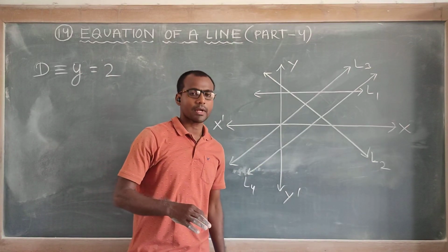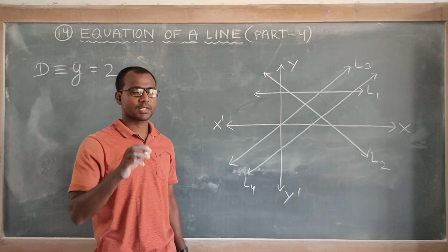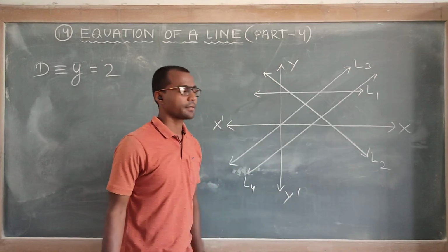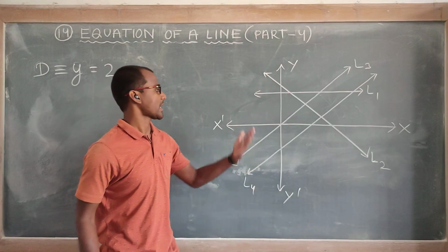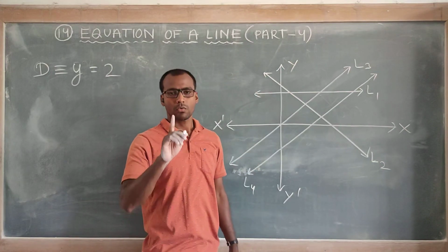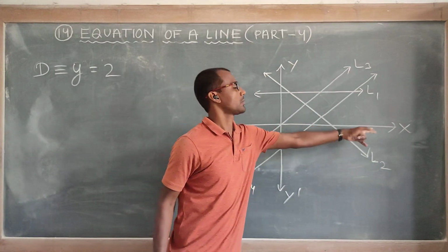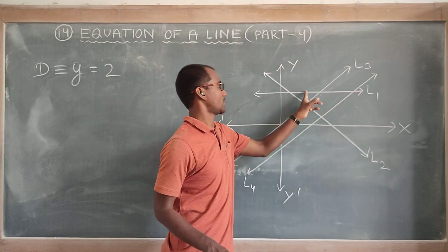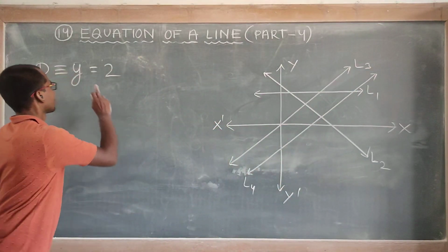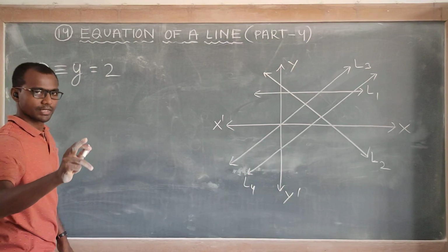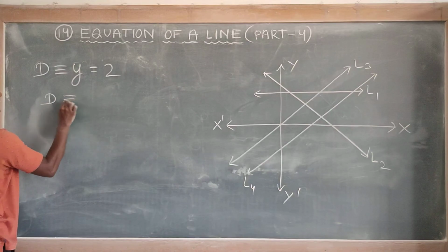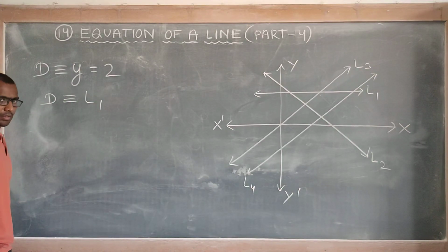In class 9 also I had told, in class 10 reflection chapter also I have told, x equal 0 means y-axis, x equal constant means line parallel to y-axis, y equal 0 means x-axis, y equal constant means parallel to x-axis. So y equal 2 is a line parallel to x-axis, which is the line L1. So D can be matched with L1.